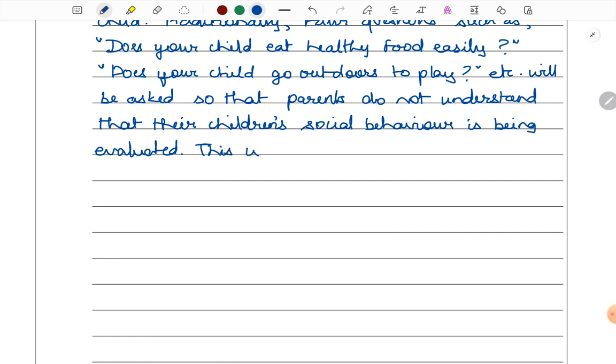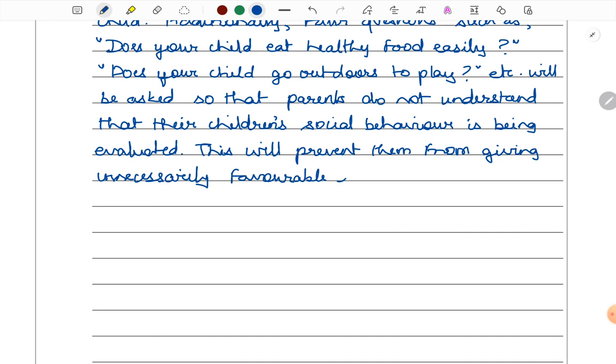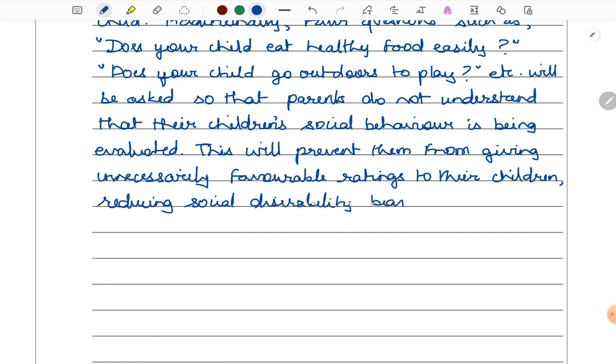This will prevent them from giving unnecessarily favorable ratings to their children, reducing social desirability bias and increasing validity.